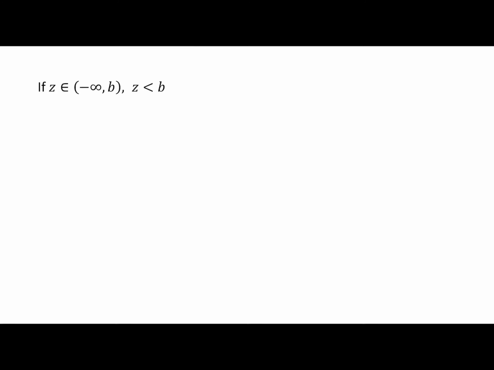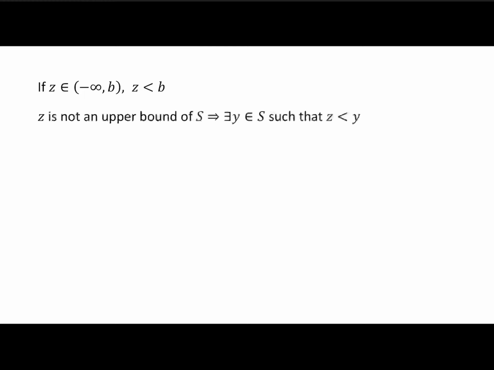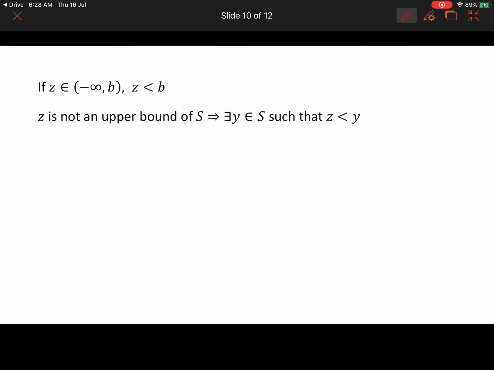Now I am taking z as an element of the open interval minus infinity B. If z is in the open interval minus infinity B, then z is strictly less than B. Who is B? B is the supremum of S, and z is less than B. Supremum means least upper bound.